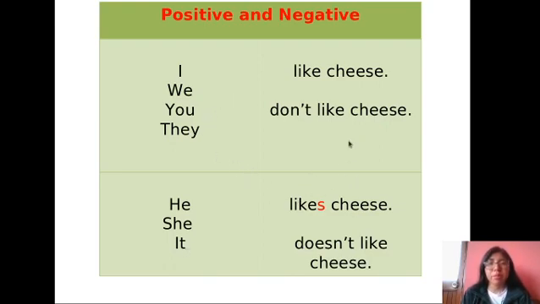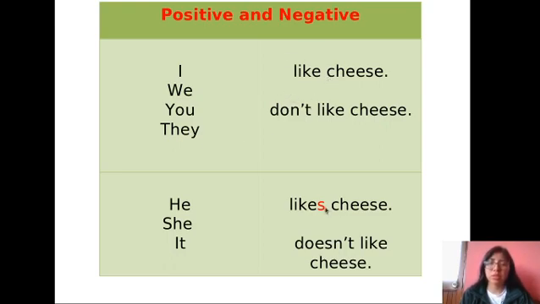In order to make positive and negative statements, in positive statements you have to add an extra s to the verb if your subject is he, she, it. Okay, and in positive statements with the other pronouns you only have to use the verb in the base form.